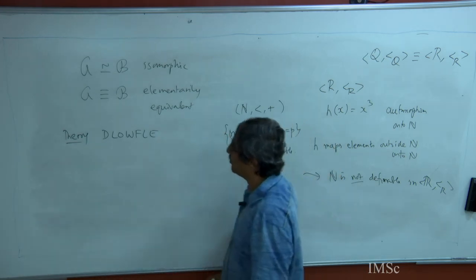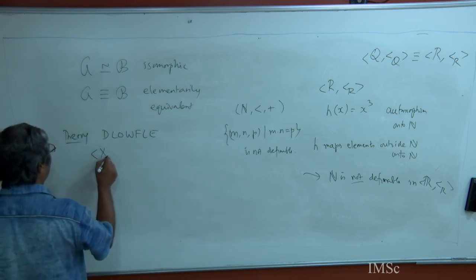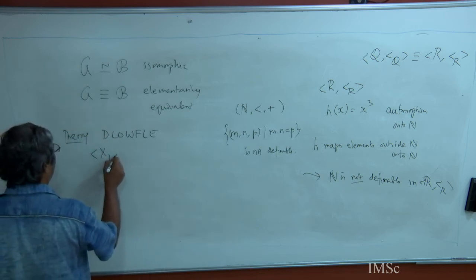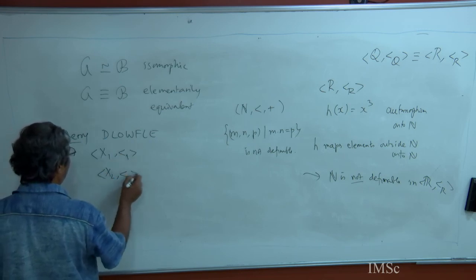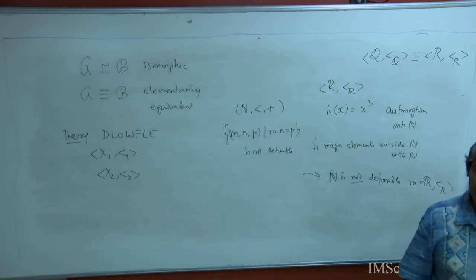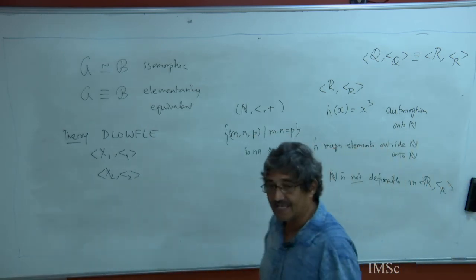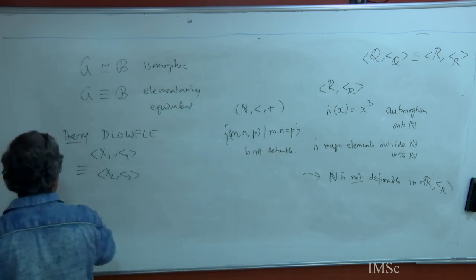So if they are two dense linear orders without first and last elements, then we can show that these two structures are elementarily equivalent.